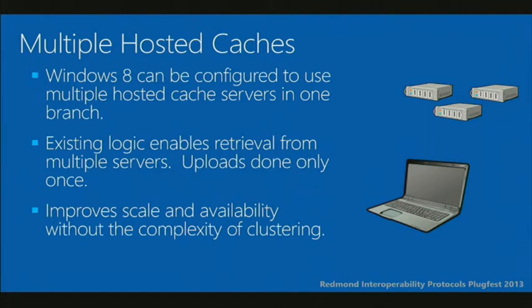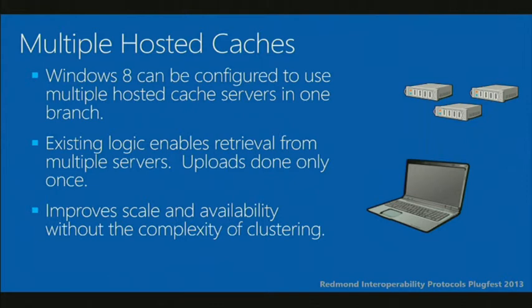You can query from several as to what data is available, and then download from whatever hosted cache server has the data that you're looking for. So we already had logic to let us retrieve from multiple peers. That's distributed mode. So taking similar logic and applying it to the hosted cache server just makes sense.